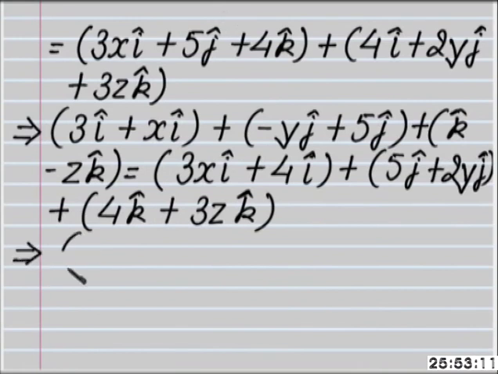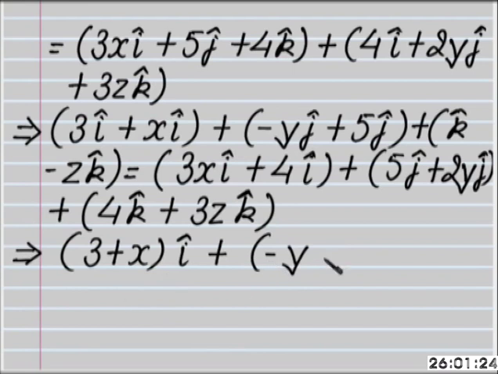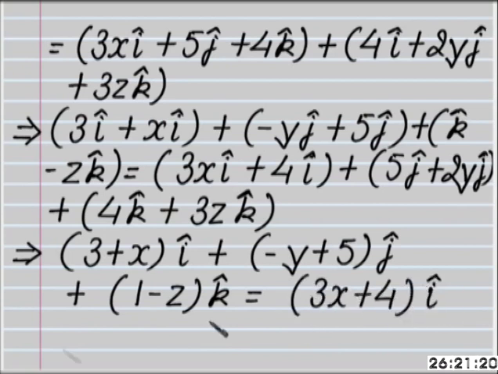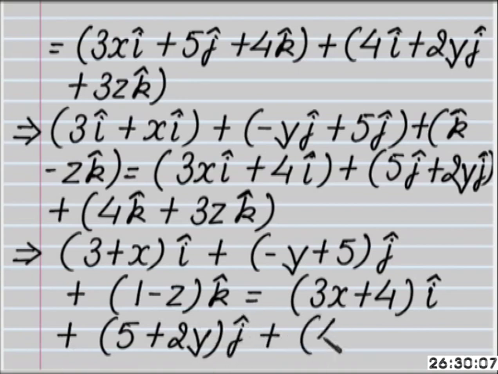This implies that (3 plus x) into i cap plus (minus y plus 5) into j cap plus (1 minus z) into k cap is equal to (3x plus 4) into i cap plus (5 plus 2y) into j cap plus (4 plus 3z) into k cap.